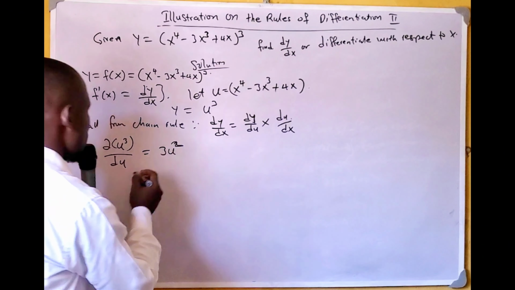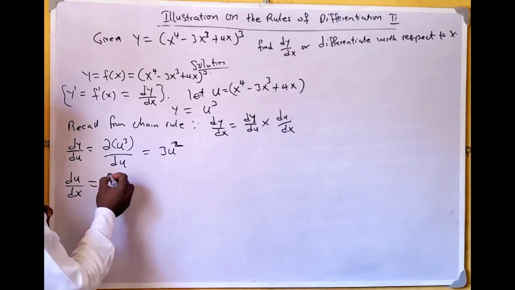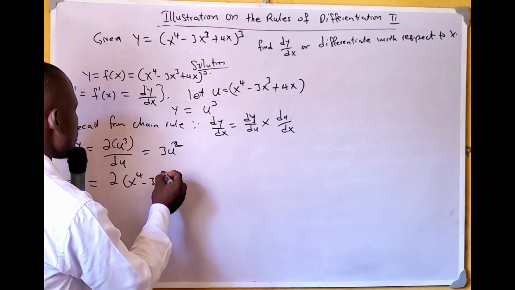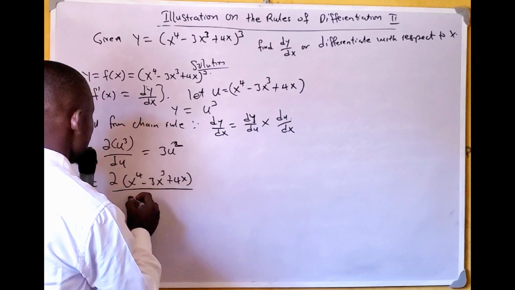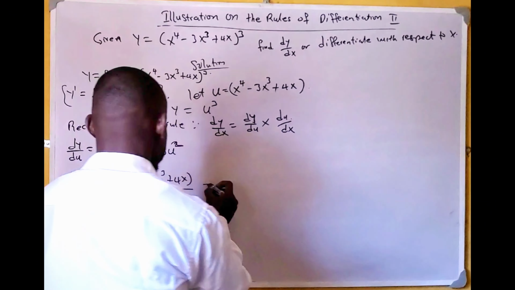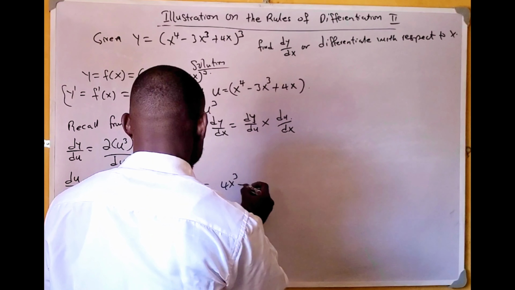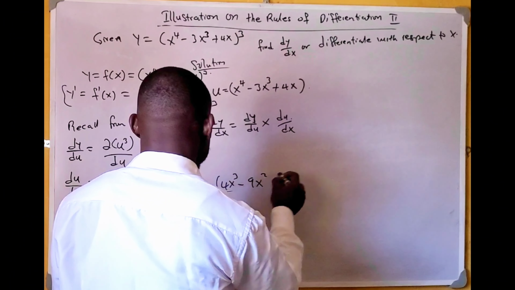And at the same time, our du/dx will be the derivative of x raised to power 4 minus 3x raised to power 3 plus 4x with respect to x. And this will give us 4x raised to power 3 minus 9x squared plus 4.